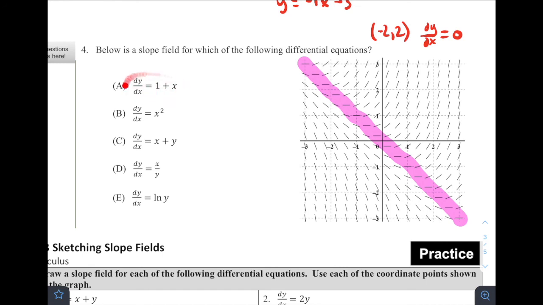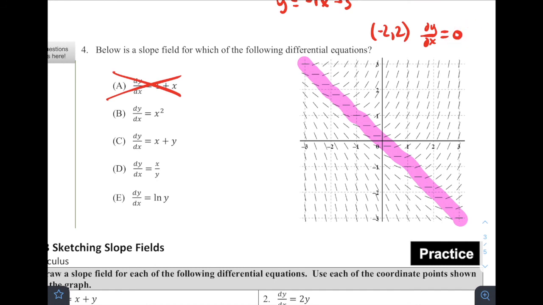This first equation depends on just the x. If I plug in the x value of -2, we'd have 1 plus -2, which is -1. That's not equal to 0, so it cannot be A. This equation doesn't give us a derivative of 0 for that point.